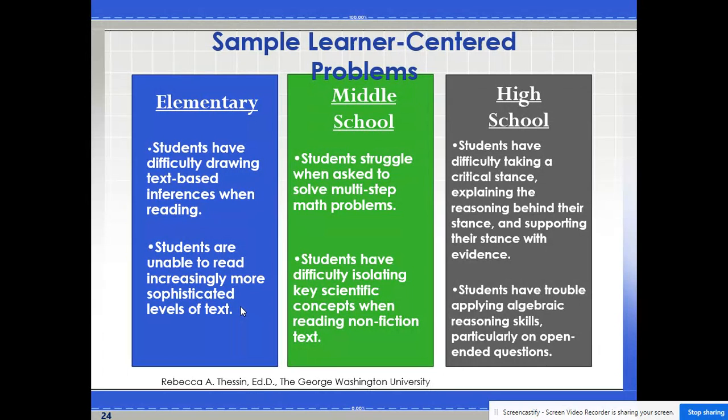Students have difficulty isolating key scientific concepts when reading nonfiction text. Two more examples at the high school level. Students have difficulty taking a critical stance, explaining the reasoning behind their stance, and supporting their stance with evidence. And then students have trouble applying algebraic reasoning skills, particularly on open-ended questions. So these are examples or samples of learner-centered problems.